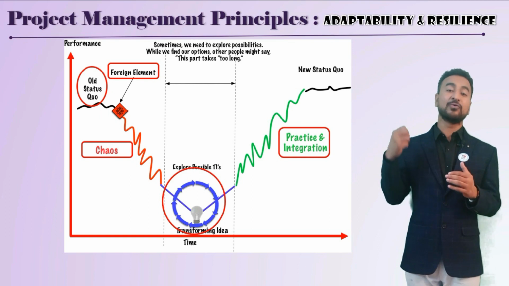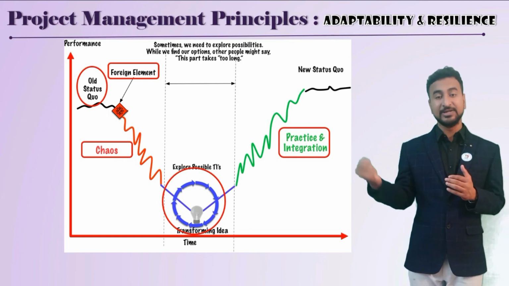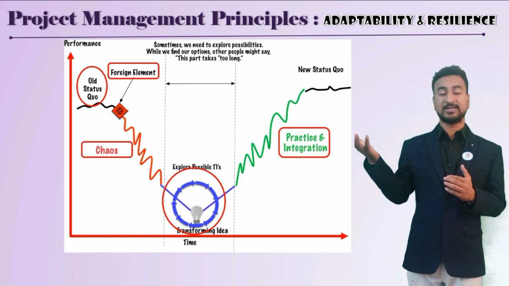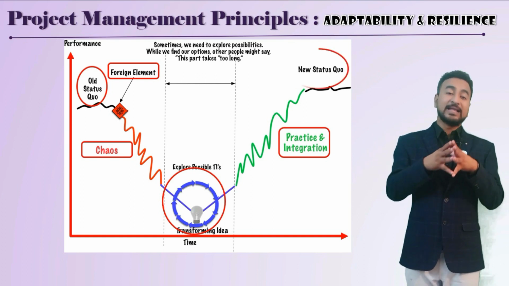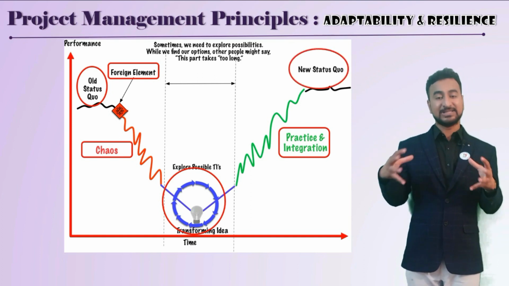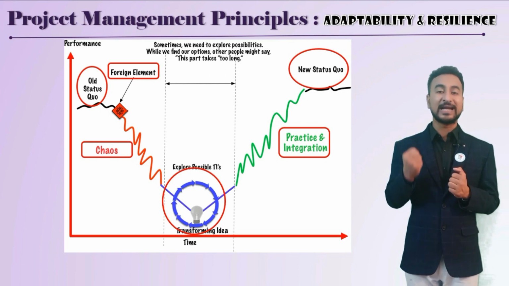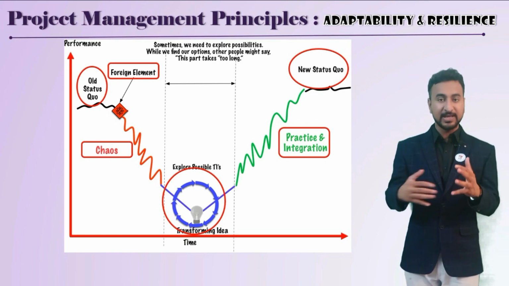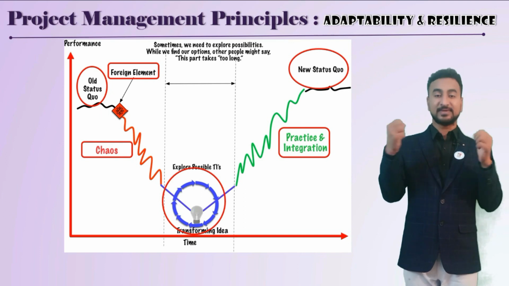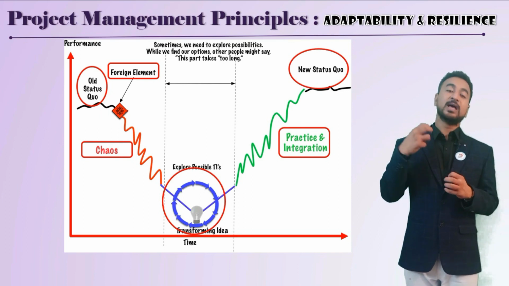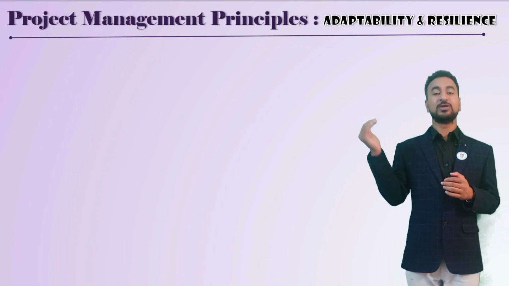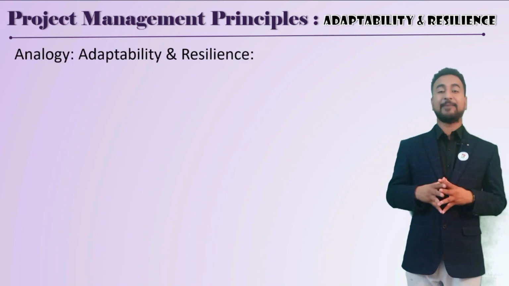That is how you achieve a new state or a future state. And this entire journey depends on how well you can absorb the impact, learn from failures, adapt to the changing environment, and bounce back to achieve a bigger version. So this is adaptability and resilience.